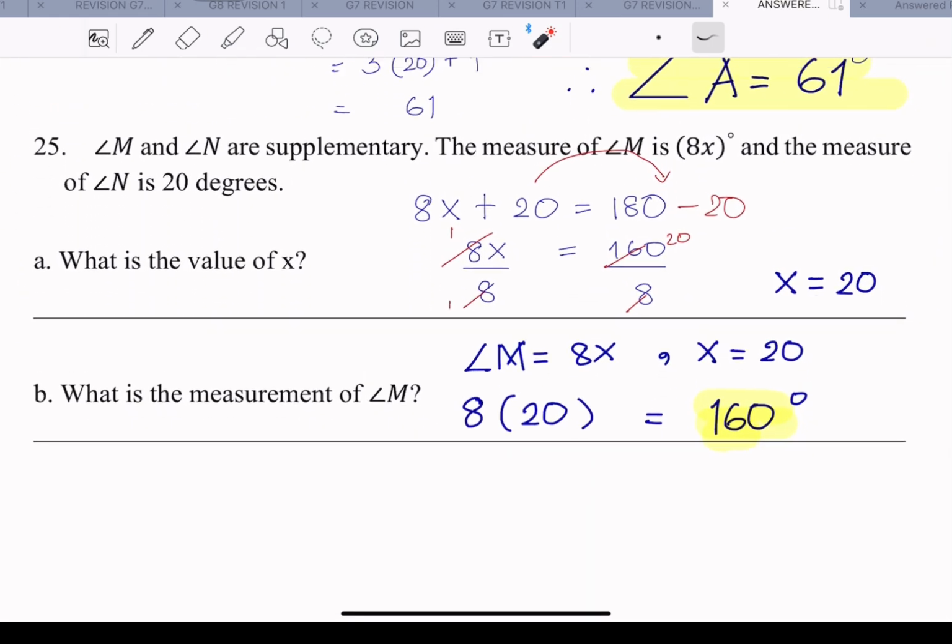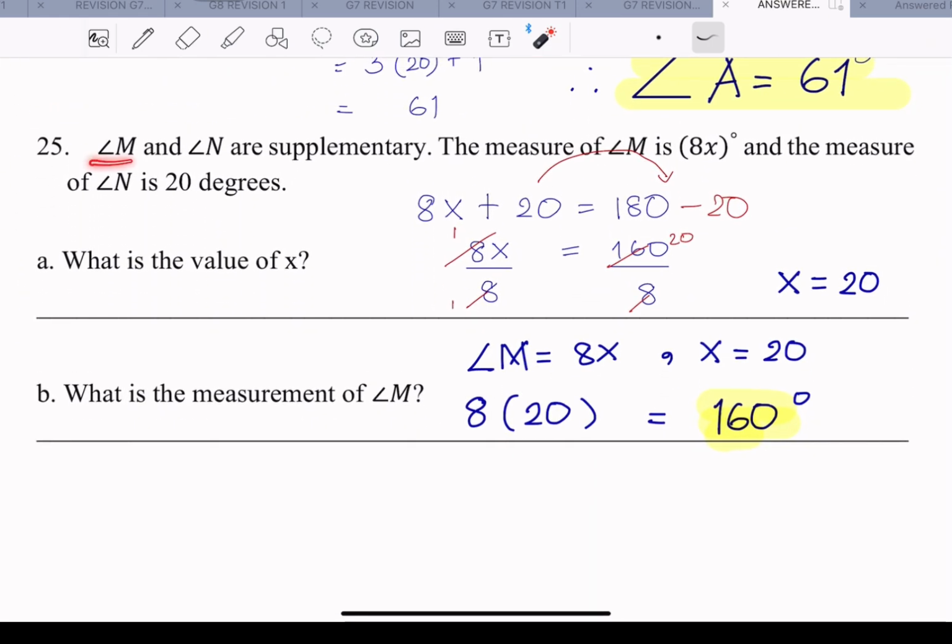Question number 25. M and N are supplementary. The measure of angle M is 8x and the measure of angle N is 20 degrees. Then find the value of x. So the keyword here is supplementary. Supplementary here is 180.